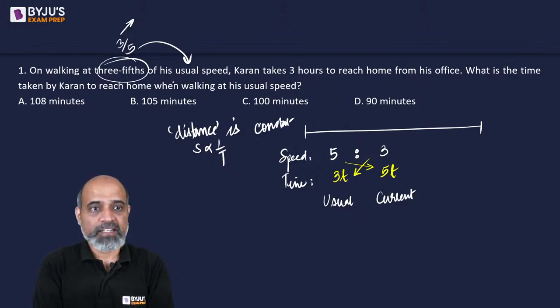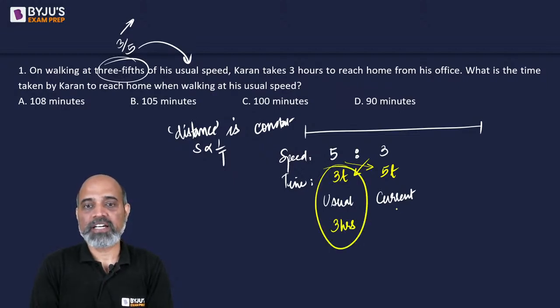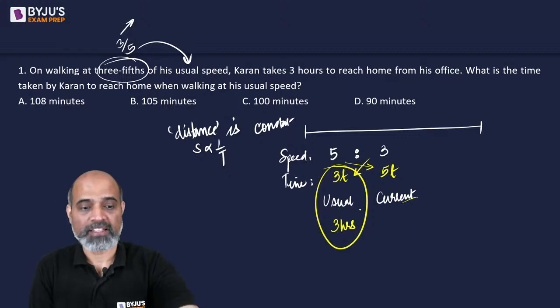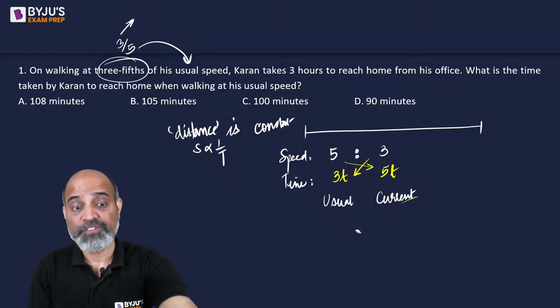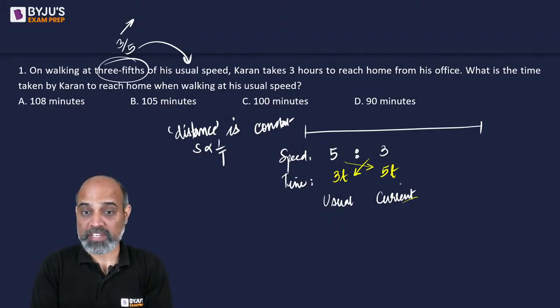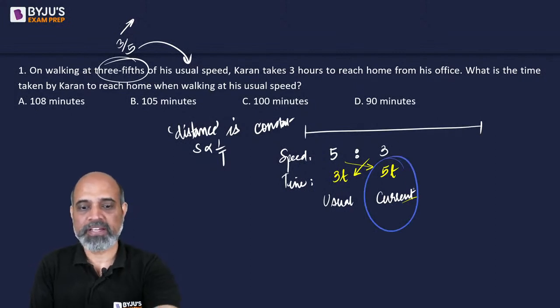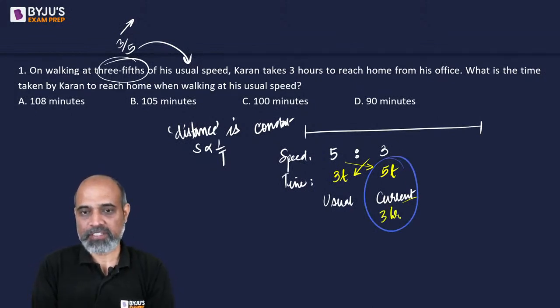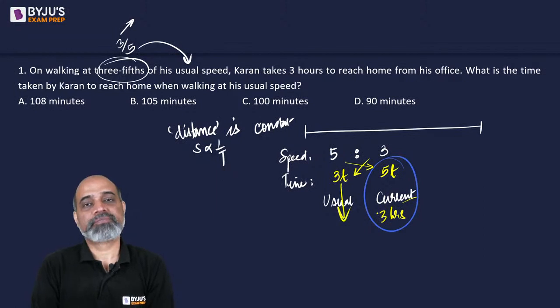Now it is given that usually he takes 3 hours. तो 3t अगर 3 hours है, अच्छा नहीं, 3t 3 hours नहीं है, 5t अगर 3 hours है, because at walking at 3/5 of his usual speed, this is our 3 hours, then how much will 3t be?